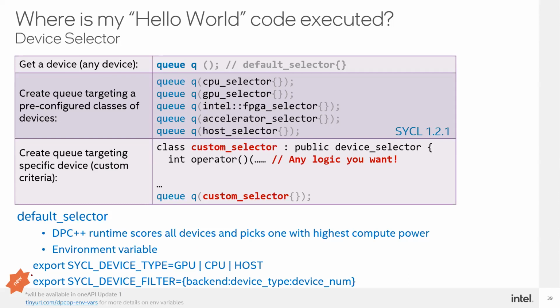And with the latest oneAPI update 1 package, it will be replaced with a SYCL device filter, which provides you even more options to control the execution, because in addition to a type of device like GPU or CPU or FPGA, there may be different devices, right?